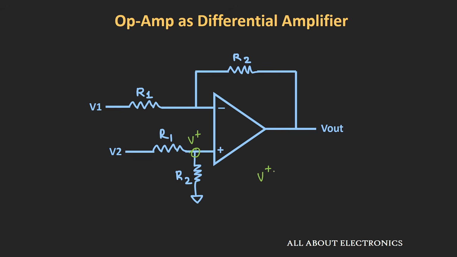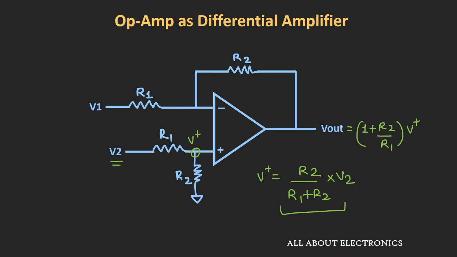So this voltage V plus will be equal to R2 divided by R1 plus R2 times this voltage V2, right? So our voltage V plus will be equal to this term. Now we know that the output voltage Vout because of this voltage source V2 will be equal to 1 plus R2 divided by R1 times this voltage V plus.